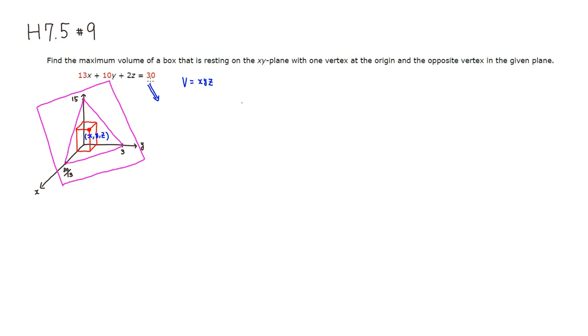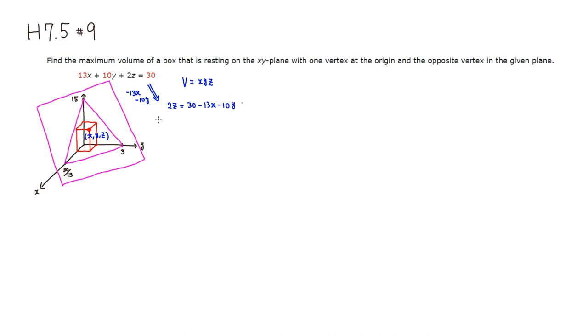I'm going to subtract 13x and subtract 10y, so that we have 2z equal to 30 minus 13x minus 10y.